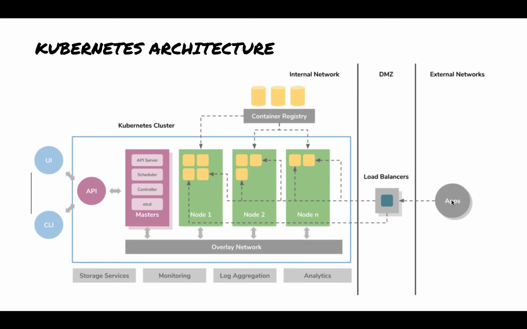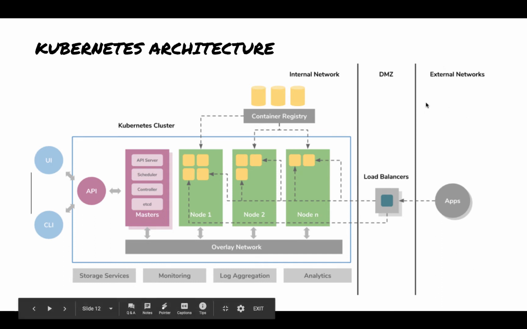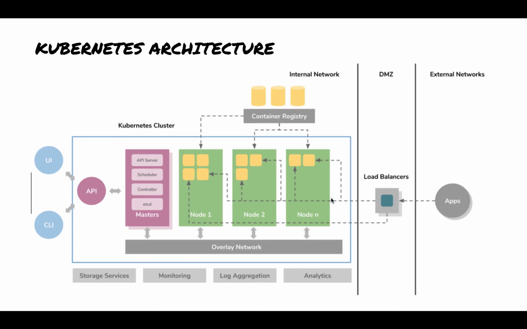So the external app would never know the internal IP and port where that service is running. That way the services are safe. It would only know the IP and the port of the load balancer from where it gets the response. So that's how the architecture is at the moment. So the external network, and then comes the DMZ. The DMZ knows which internal node to connect to for the external request, and this is the internal network.